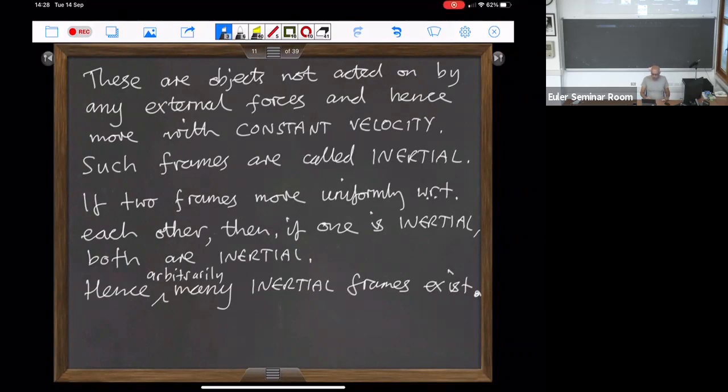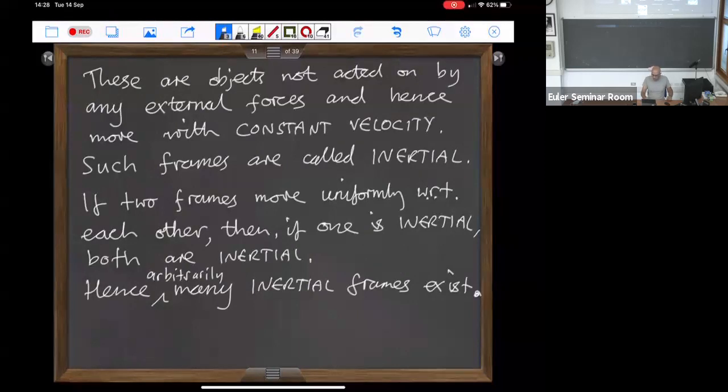And if any two such frames move uniformly with respect to each other, then if one of them is inertial, the other one must be inertial, because the relative velocity between them is constant. And if that is so, one can construct arbitrarily many inertial frames.